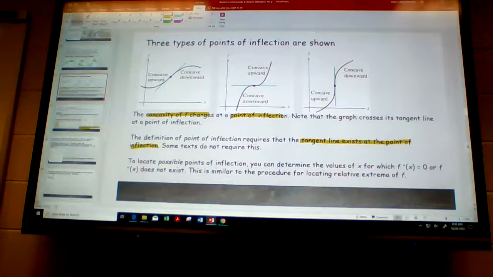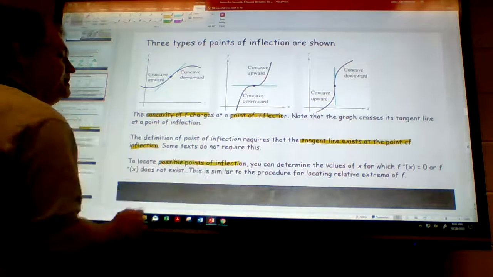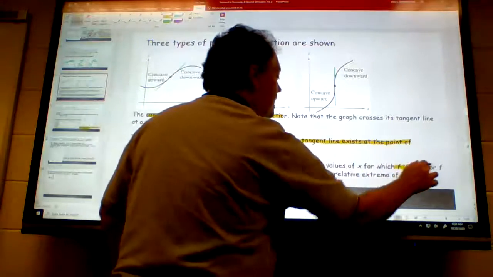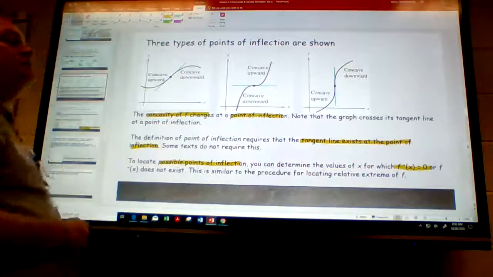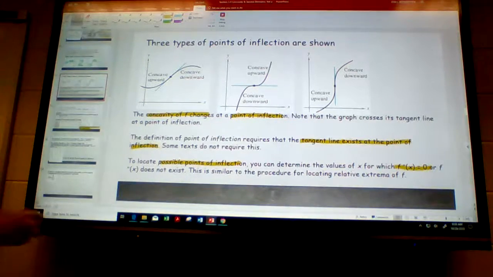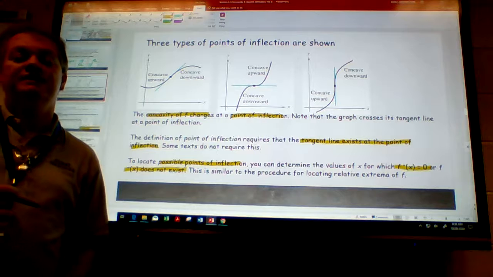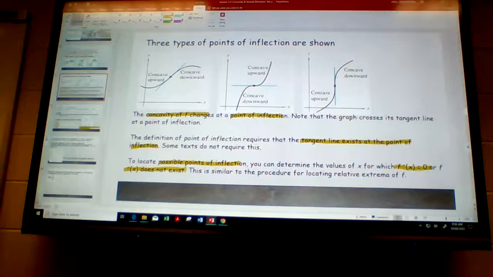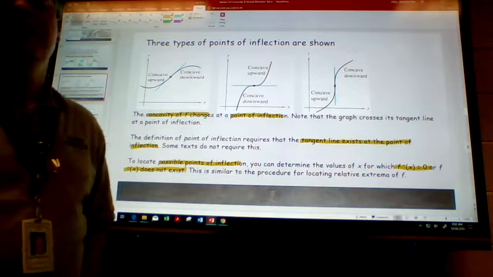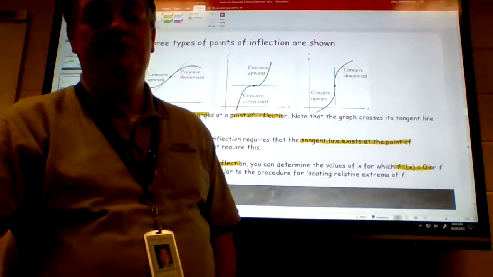But to look for possible points of inflection, you could determine them by where f double prime of x is 0, or the second derivative has a 0 value, or where it does not exist. Very similar to the approach that we use to determine the critical points or determining the relative extrema. Okay, I am going to go ahead and pause this for a moment, and we will continue this with part 2 of the video.